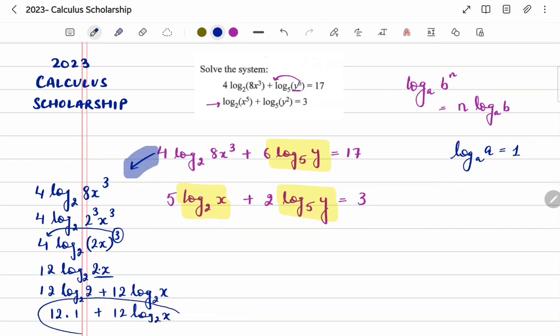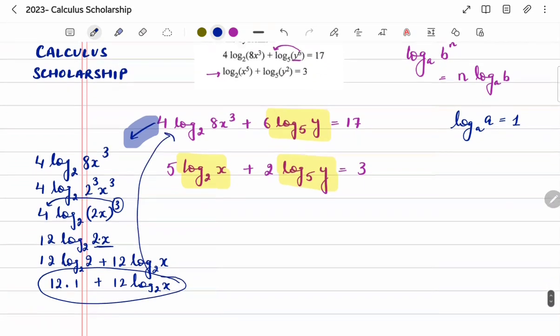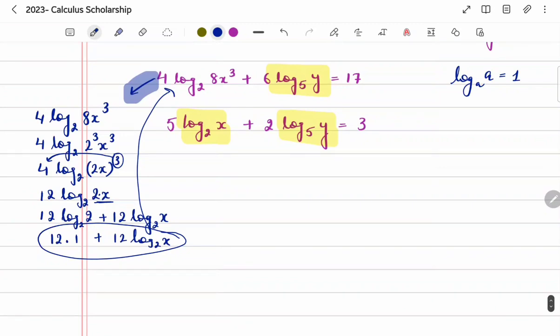Now we're going to substitute that term back to where it was. I hope it's making a little bit of sense. Our first equation can now be written as 12 plus 12 log base 2 of x plus 6 log base 5 of y is equal to 17.